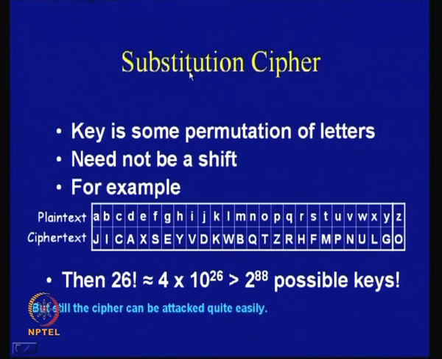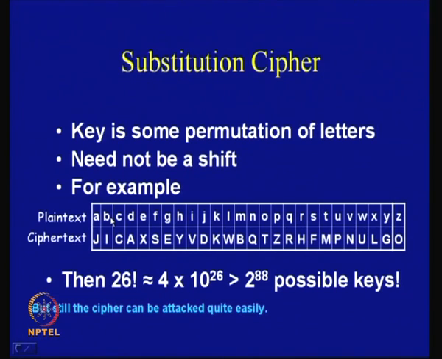Okay. So this concept of substitution cipher says like this: if you map A to J, then B you will not map to J, because if you map A to J and B also to J, then immediately the property of injectiveness is lost, right? That means that if you take J, then J can actually come from both A and B. Okay, so that is not allowable, because that will lead to ambiguity in the decryption process.